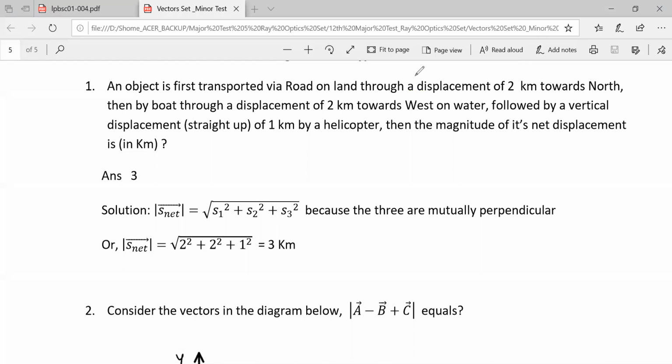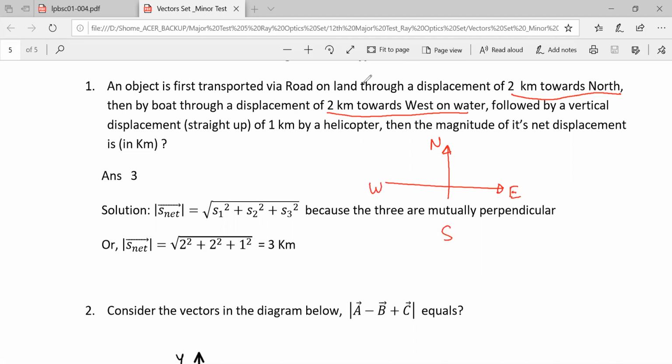Yeah, but the only thing is, Bhavesh, this is a vector equation, right? Then vector sum of f1 plus f2 is minus of f3, that way. Okay. Now in this question, what you have to understand is how the resultant of the 2 kilometers towards north and the 2 kilometers towards west will look. So suppose in one diagram, you take this as north, east, west, south.